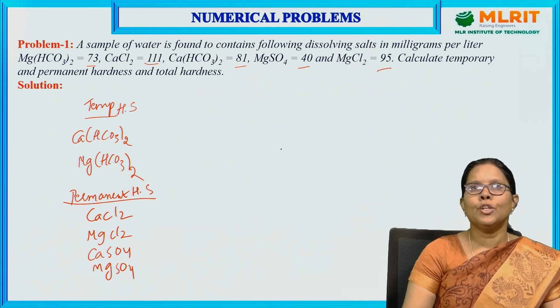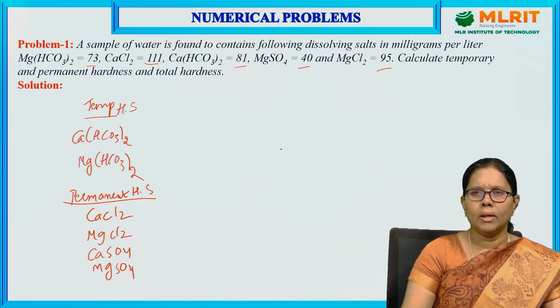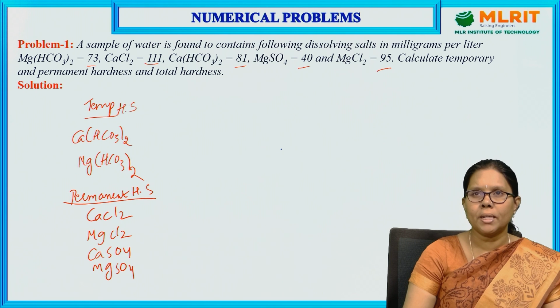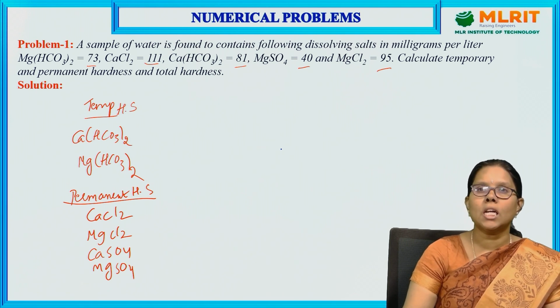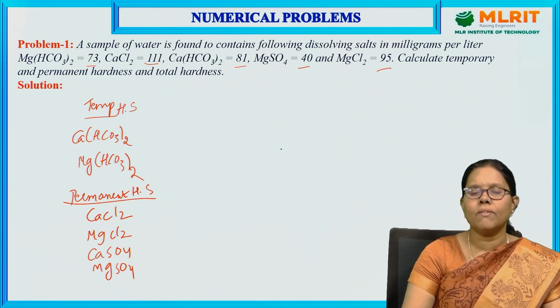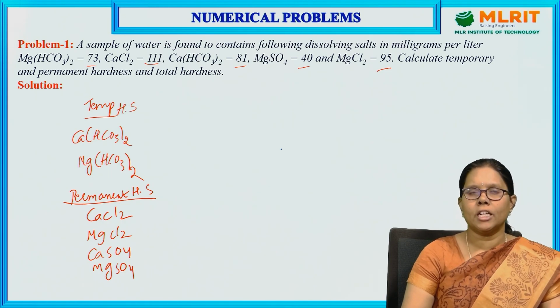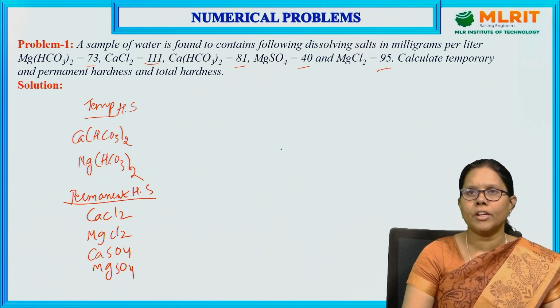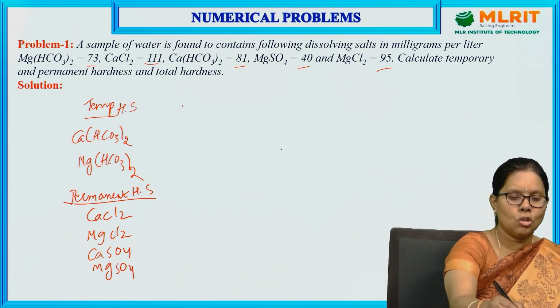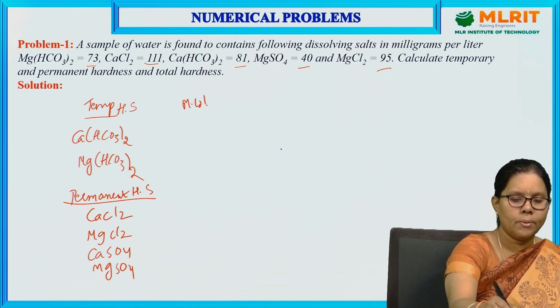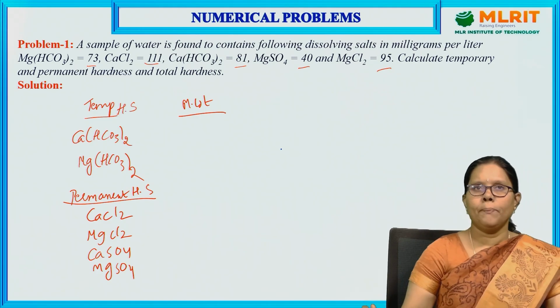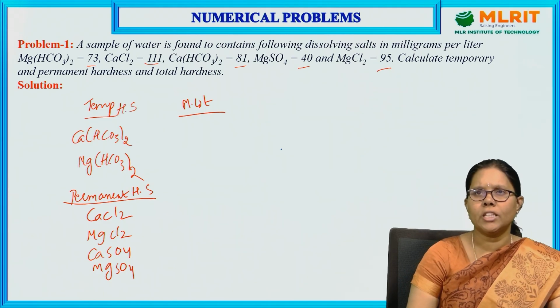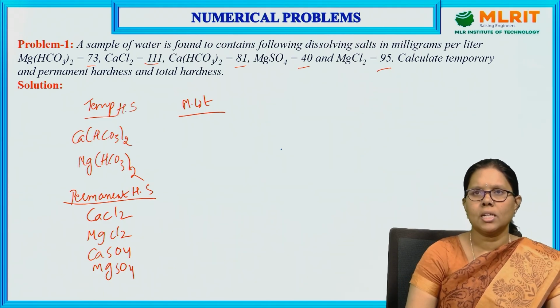In order to calculate the temporary and permanent hardness, since different salts are given, every salt should be converted in terms of calcium carbonate equivalent. For this, we have to know the molecular weight of each compound. Let us calculate. The molecular weight of calcium is 40, hydrogen 1, carbon 12, oxygen 16.